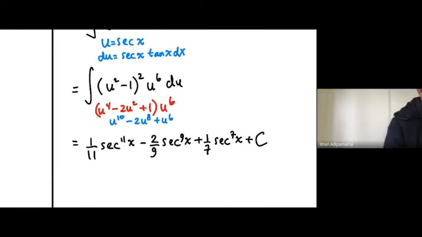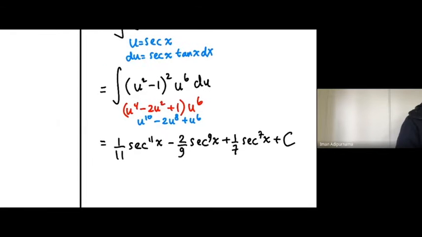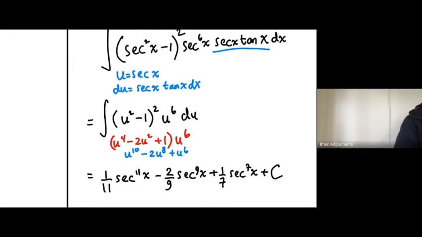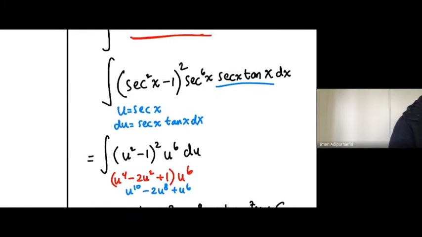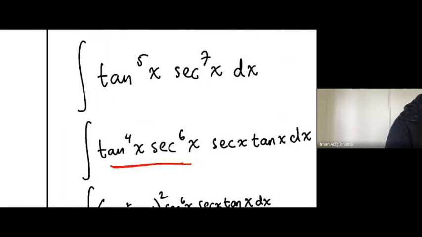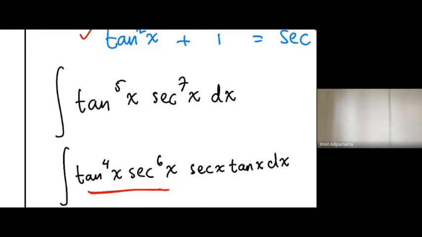Okay. This is where, if we want to use the substitution, it is the secant x. Okay. So if we have this odd 5, 7, okay. So we split tangent, split secant, and it becomes even, right?